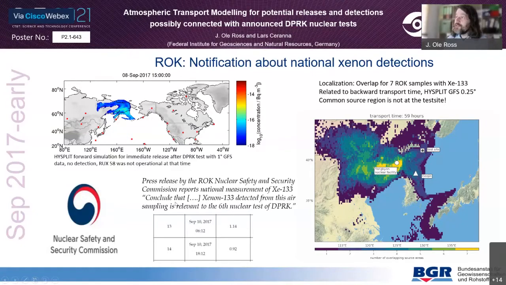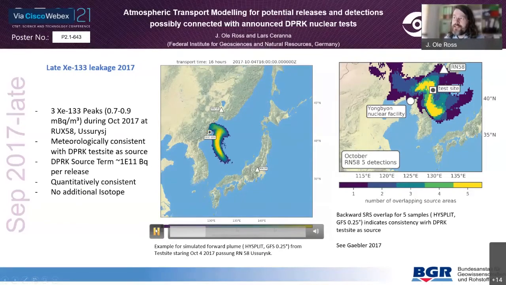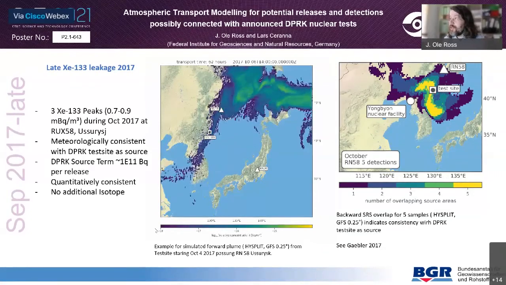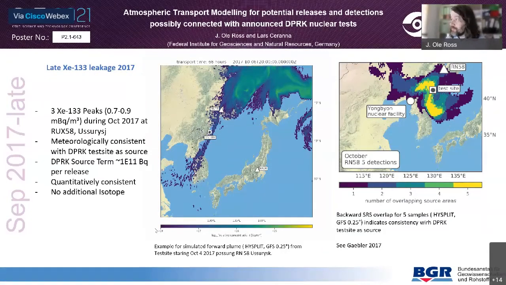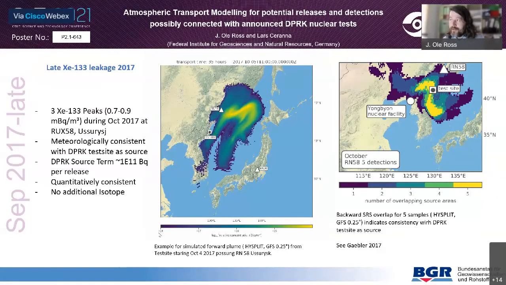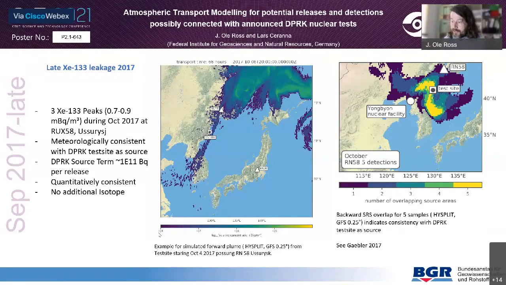Later in 2017, we had some seepage or leakage of small releases, perhaps from the test site. At least we had a meteorologically consistent detection at Ussuriysk, where the atmospheric transport modeling shows consistency. But even more important in the other years, 2013 and 2016, it was used to check for background sources.